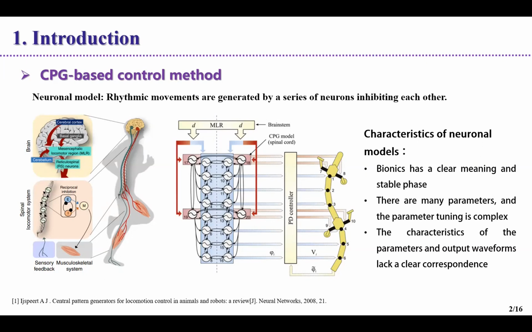This neural model based control method has a clear bionic significance, which is equivalent to a phase control negative feedback system, and the output signal can maintain a stable phase relationship, thereby automatically generating a rhythmic gait.